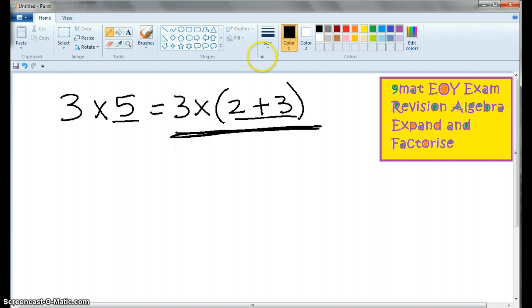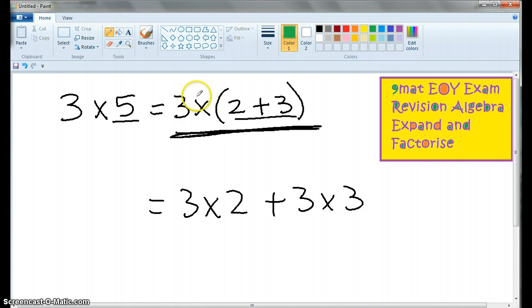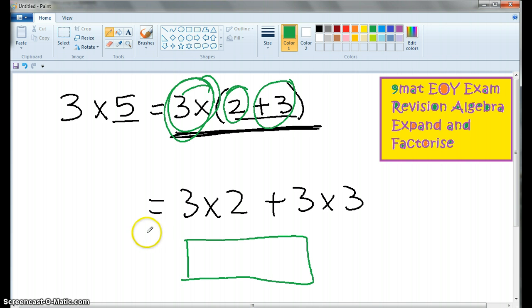You could replace this with 3 times 2 plus 3 times 3. What does that look like? Here's my 3 and here's my 5, so I'm going to draw it like that.